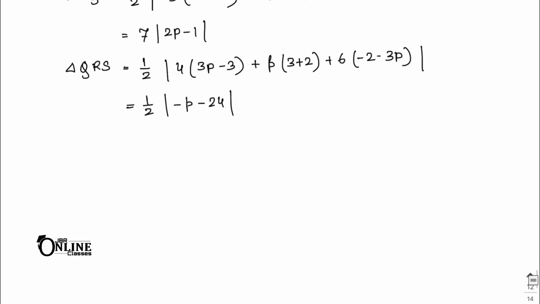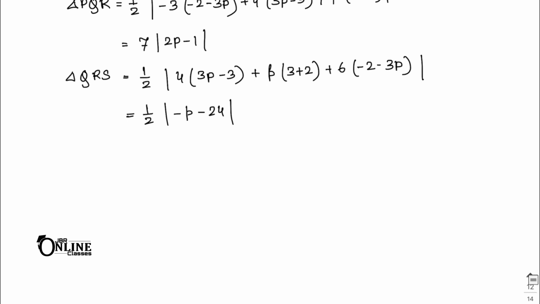Now according to the problem, the ratio of these two will be 2:3. So 7 mod (2p minus 1) divided by half mod (minus p minus 24) equals 2/3.